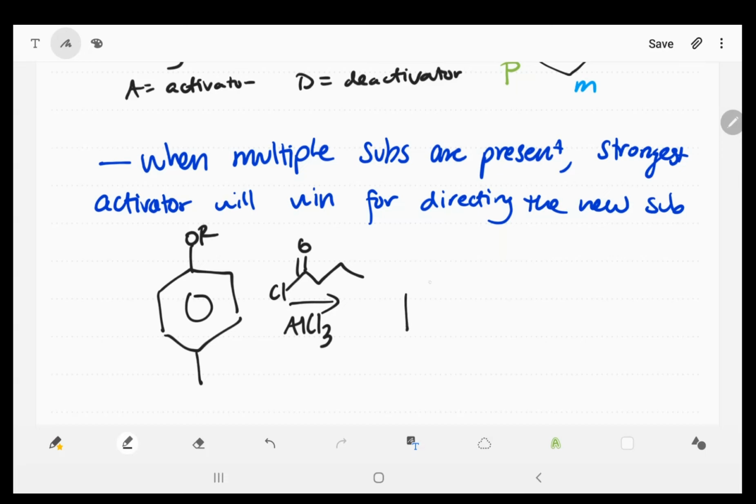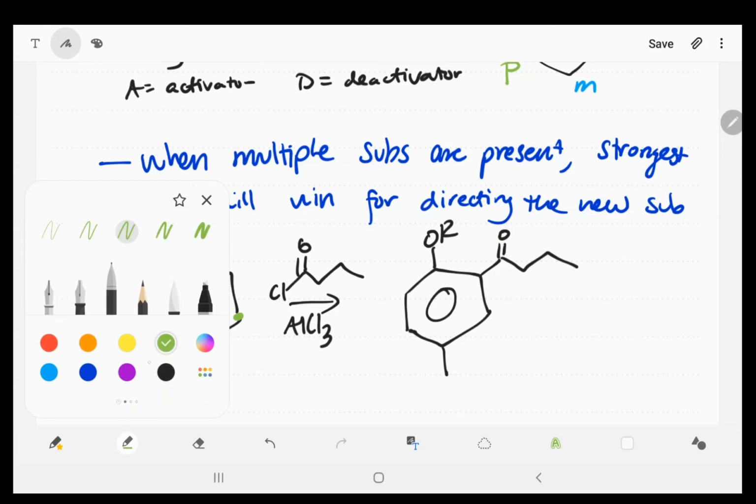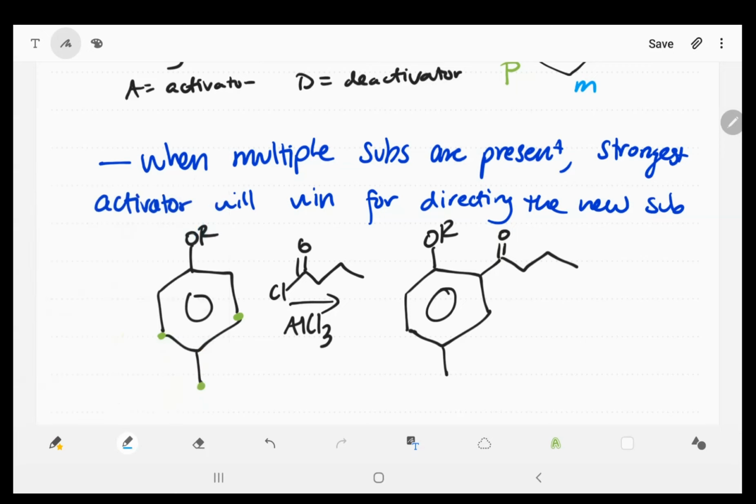So as a result, we're going to end up putting our new substituent on ortho to our stronger activator. Because we had a competing situation, they're both activators, but they activate different positions. The methyl group would activate these two positions. The oxygen there will activate those two positions.